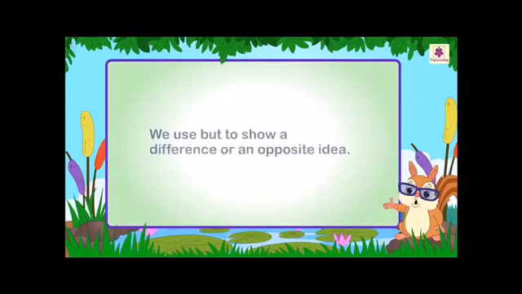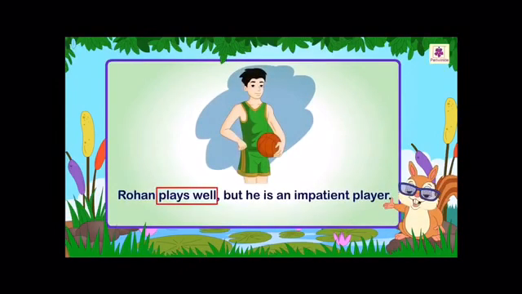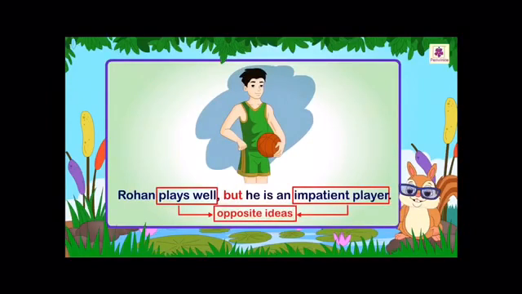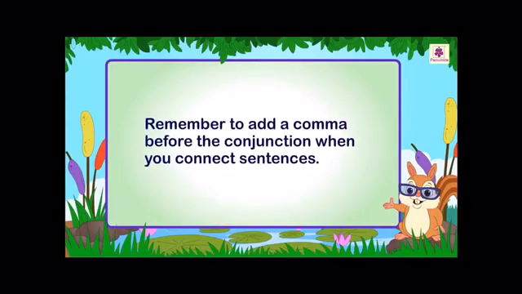We use but to show a difference or an opposite idea. For example, Rohan plays well, but he is an impatient player. Remember to add a comma before the conjunction when you connect sentences.